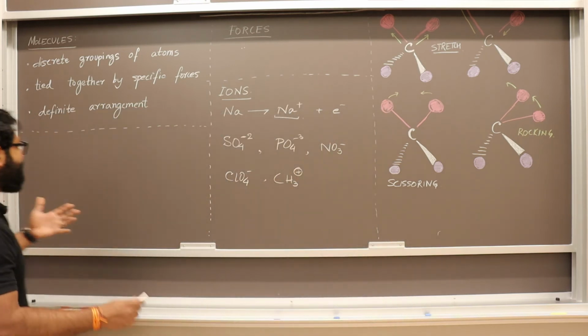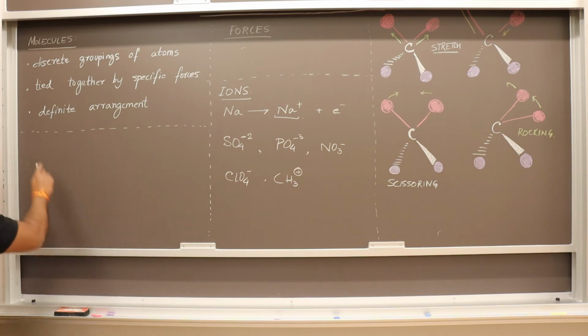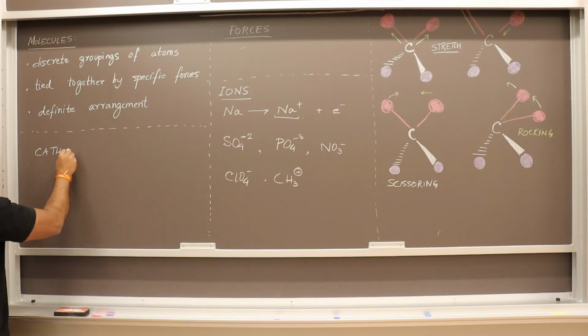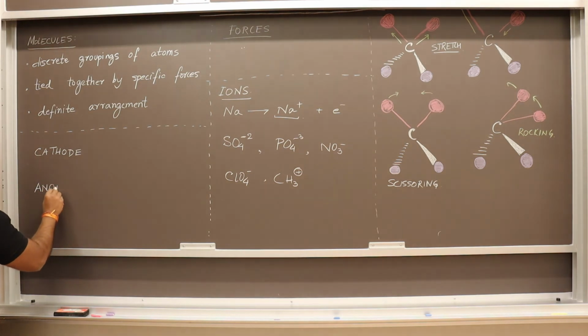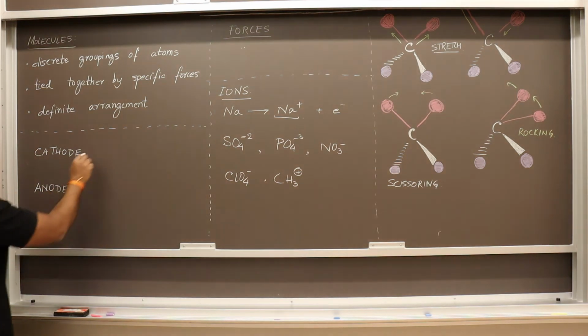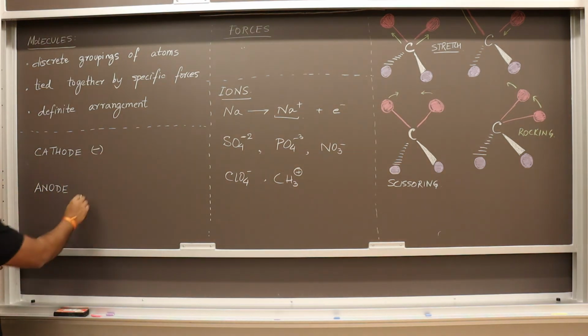In an electrolytic cell, we have the positive and the negative electrodes, and we call them the cathode and the anode, right? So the negative electrode is basically the cathode, and the positive electrode is called the anode. So this is how the name came about, right?